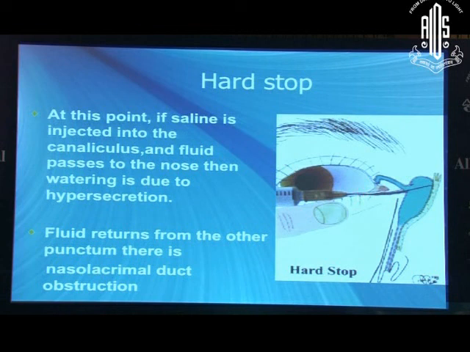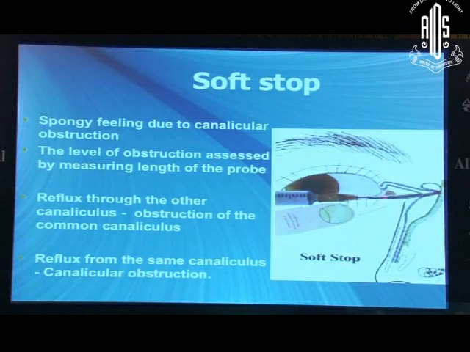If it has gone beyond 10 millimeters, if it has gone 13, 14 millimeters, and you get a hard stop, you clearly know that it has gone beyond the common canaliculus and the obstruction possibly lies beyond the sac. If on the other hand you get a soft stop, then you know that it is possibly somewhere short of reaching the bone, and the distance tells you where the obstruction may be.